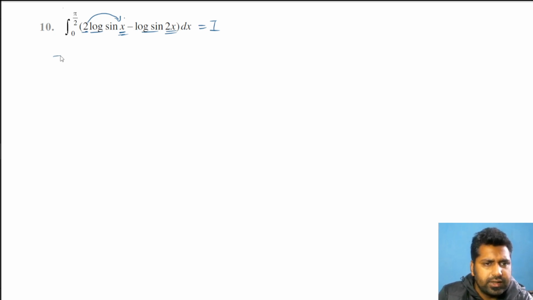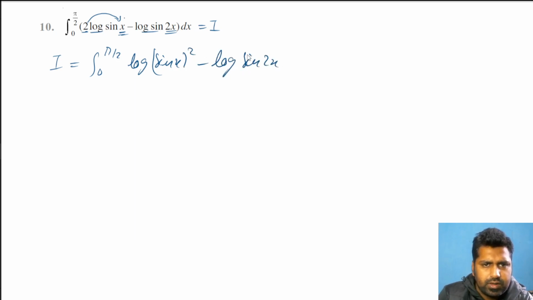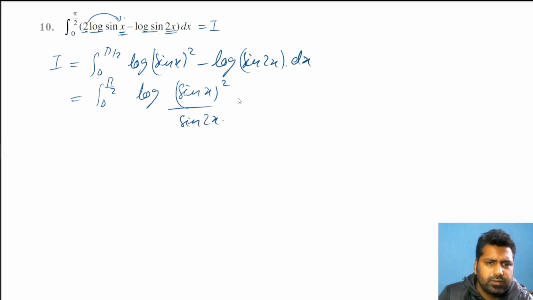So let's rewrite this as I, integration 0 to pi by 2. Take this power, so this becomes log sine x whole square minus log sine 2x, dx. Now this log a minus log b is log a by b, dx.